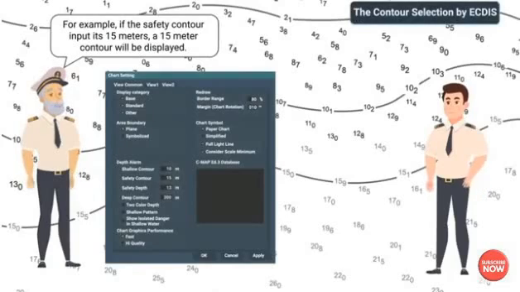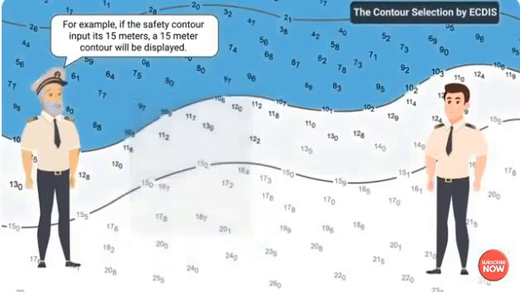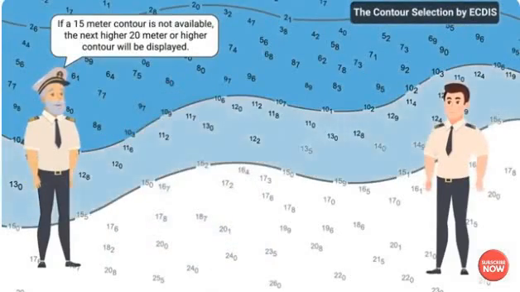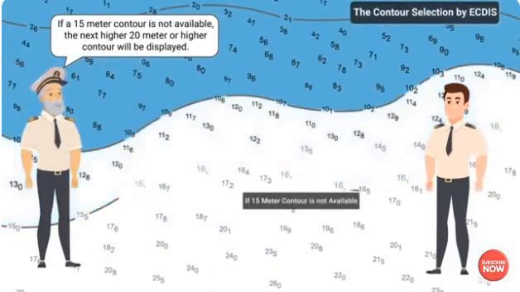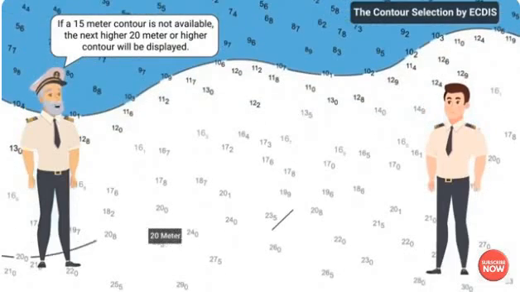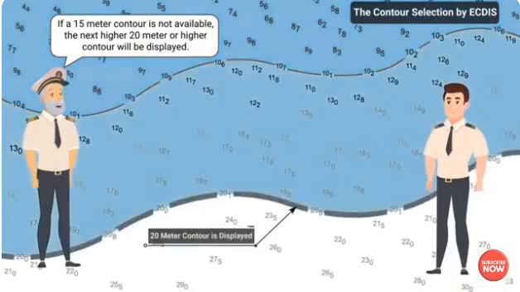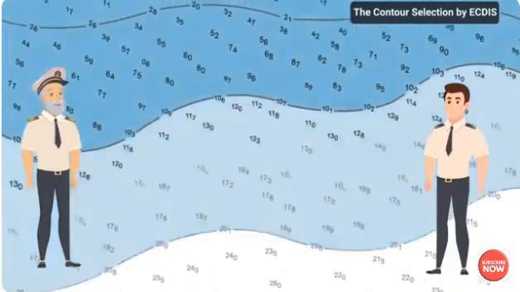For example, if the safety contour input is 15 meters, a 15-meter contour will be displayed. If a 15-meter contour is not available, the next higher 20-meter or higher contour will be displayed.